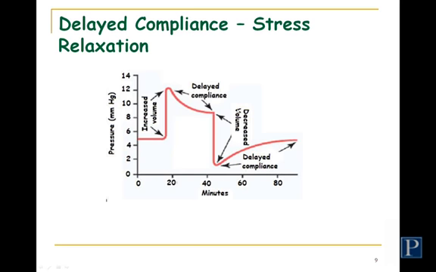You can see this concept of delayed compliance if you remove volume from a vessel. So if you initially remove volume from a vessel, pressures will drop, but over time, even despite that decreased volume, pressures will start to increase because in this case, the smooth muscle will start to contract to get the pressures back up towards normal.